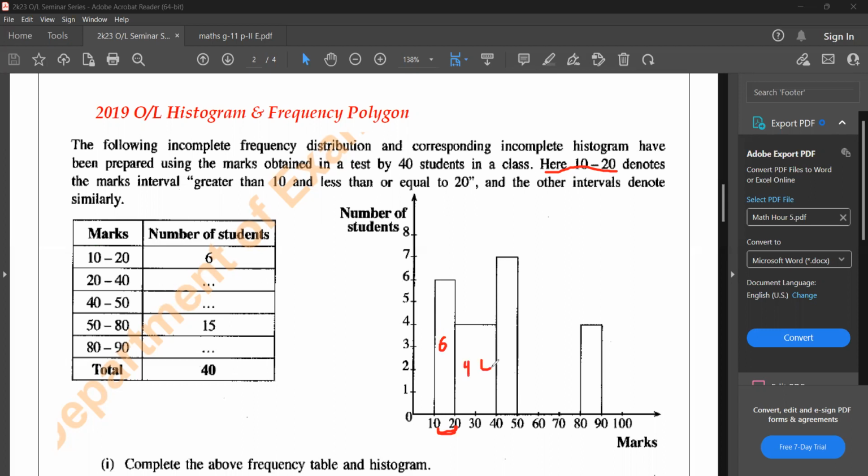So here it's 4 and here 4. So let me know the number of students between 20 to 40. How many students are there between 20 to 40? Exactly. That is 8. Are we clear? Between 20 to 40, there are 8 students. Okay. And then between 40 to 50, what's the number?